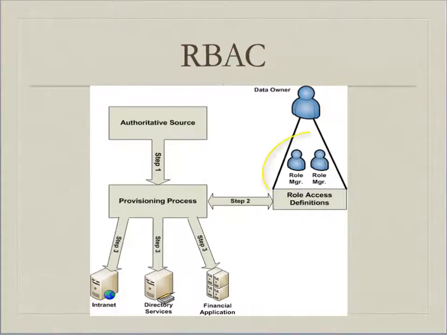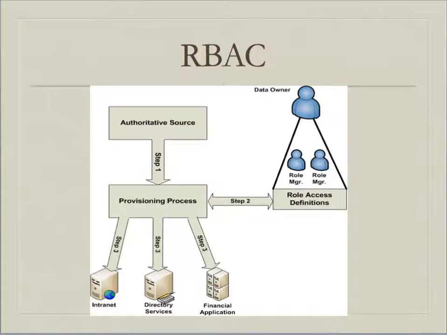Reporting to the data owner would be role managers. Now, usually a role manager is just a manager or director within the department who also is very familiar with the various roles within the department and can help IT put together for each role what access is necessary.